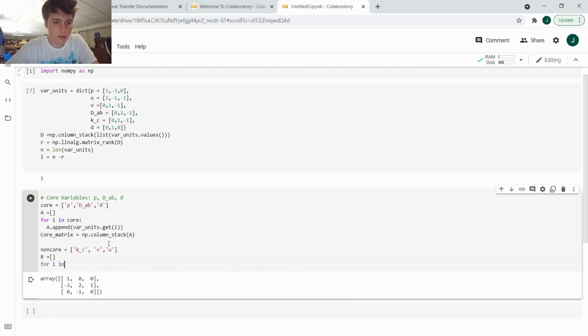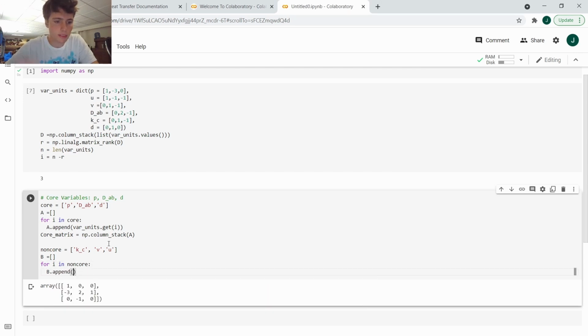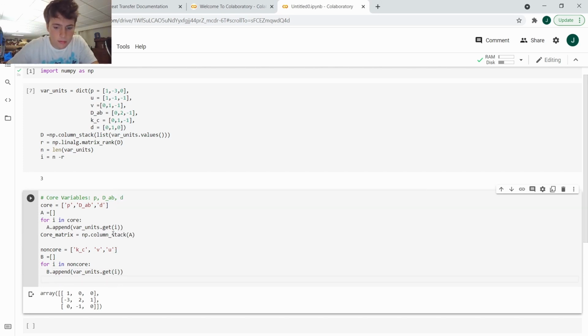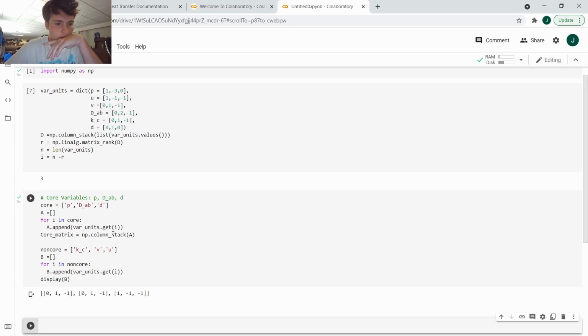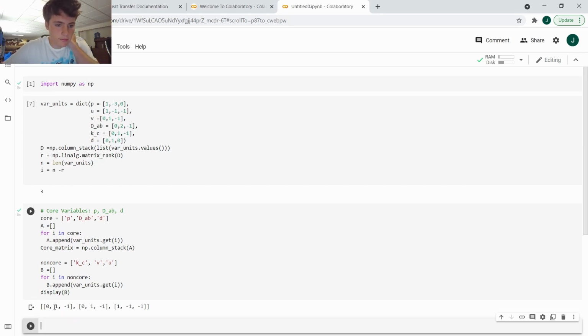So for i in non-core, b.append, we're just going to add to the list the units, using the get method still, with i. Let's display it to make sure we're doing it right. These are the units for k sub c, meters per second, velocity, meters per second, and viscosity, kilograms per meter per second, which is awesome.